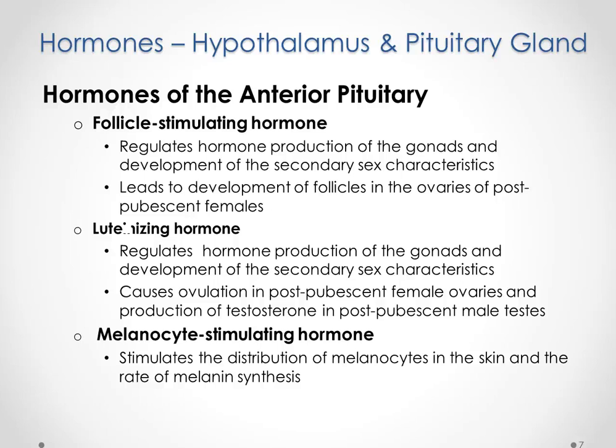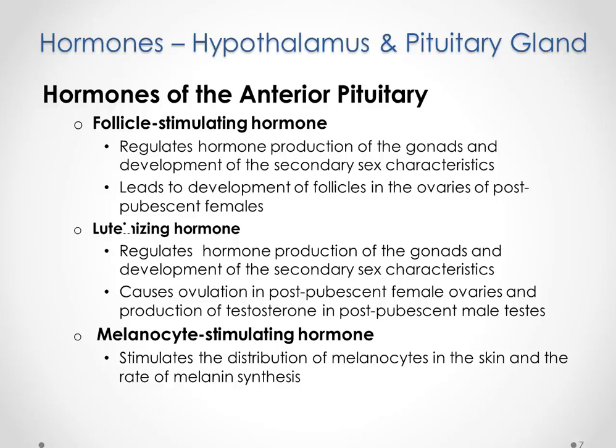Gametes are going to be the sperm and then the egg for the female. It's also going to help in the development of secondary sex characteristics that you see once individuals hit puberty.